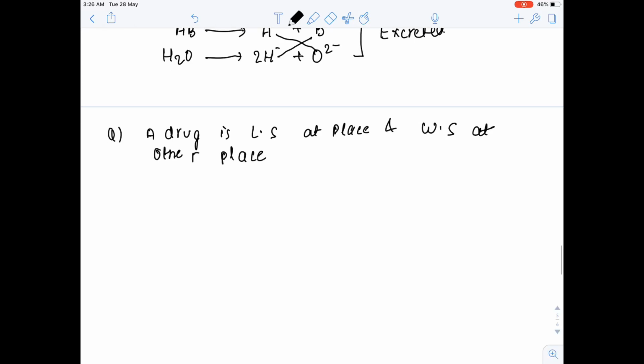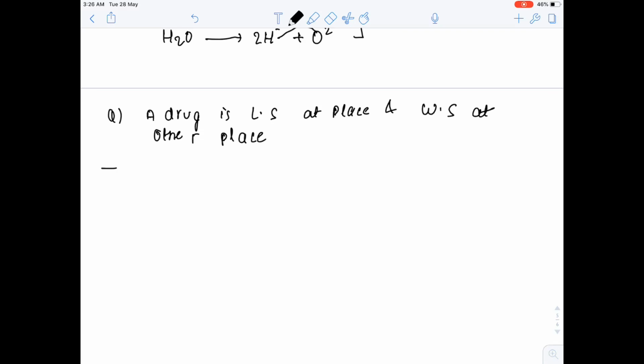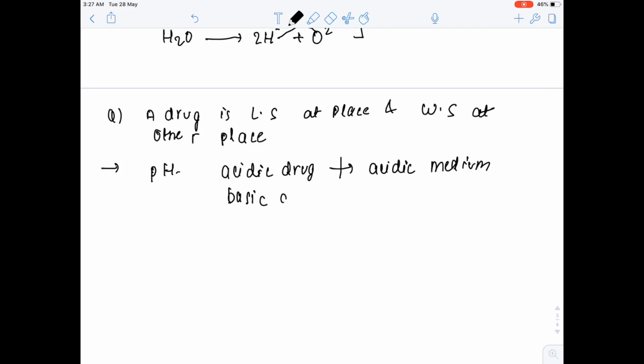There may be such a situation. Then the absorption depends upon pH. The acidic drug gets transported across the plasma membrane in acidic medium. Basic drug gets transported across the plasma membrane in basic medium.